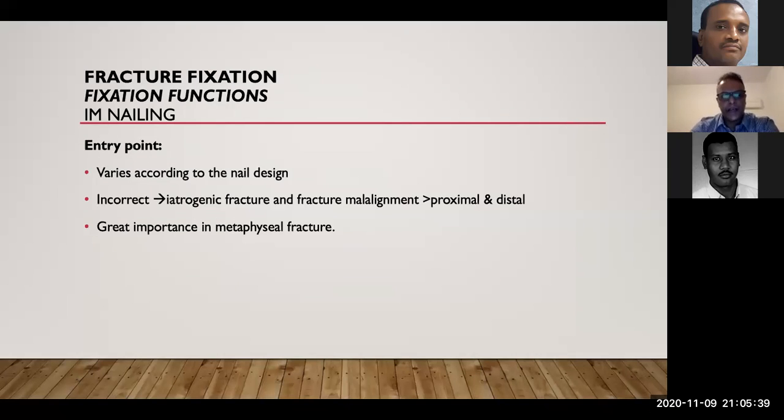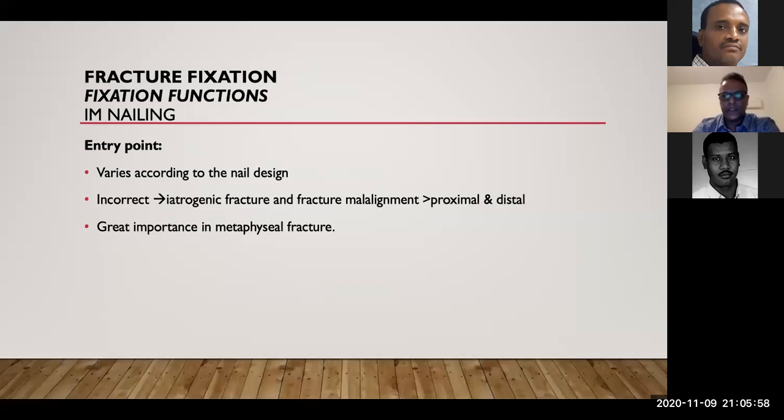There are very few points we have to emphasize when you are using IM nailing. First, the entry point. The entry point varies according to the nail design. Even for the femoral nail, there are different types of nails, some of which use the piriformis fossa and others a lateral entry.